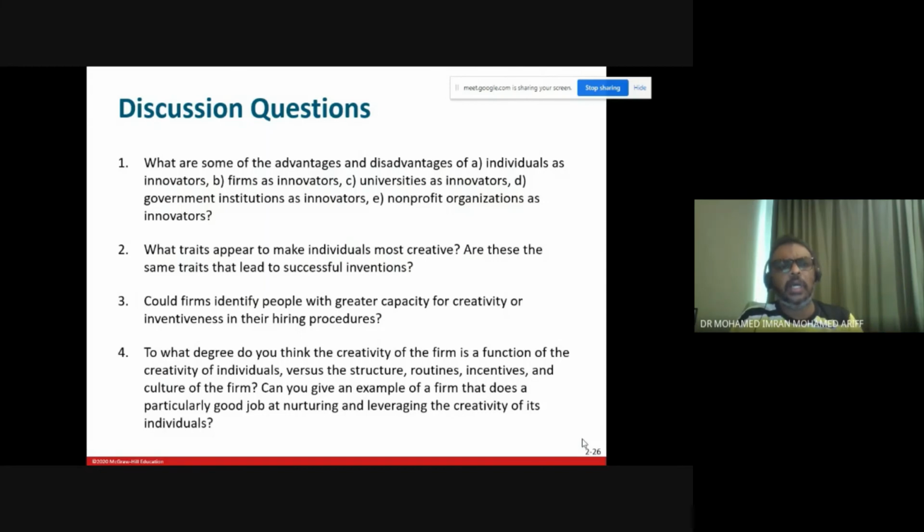Okay, Shafiq is an innovator. What would be the advantage? The advantage is very simple because Shafiq is a human being. He is staying in Kampar. So if he comes out with an innovation, it'll be good because he is from Kampar and he is using it.